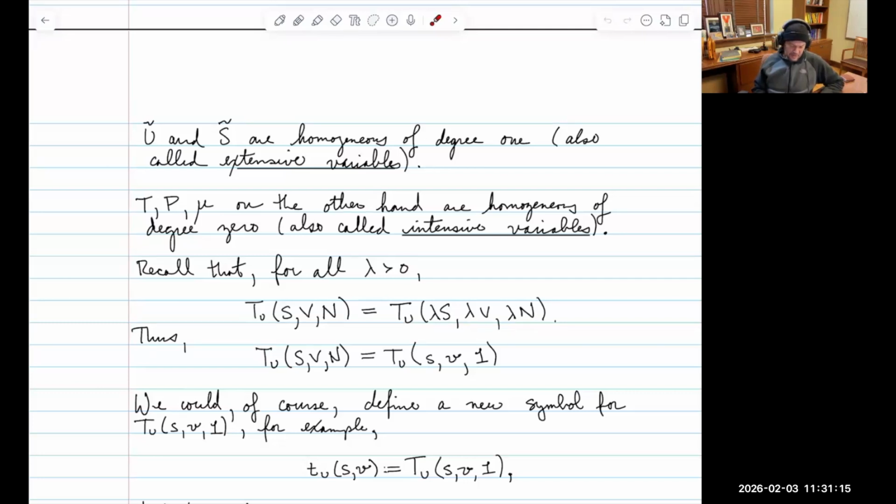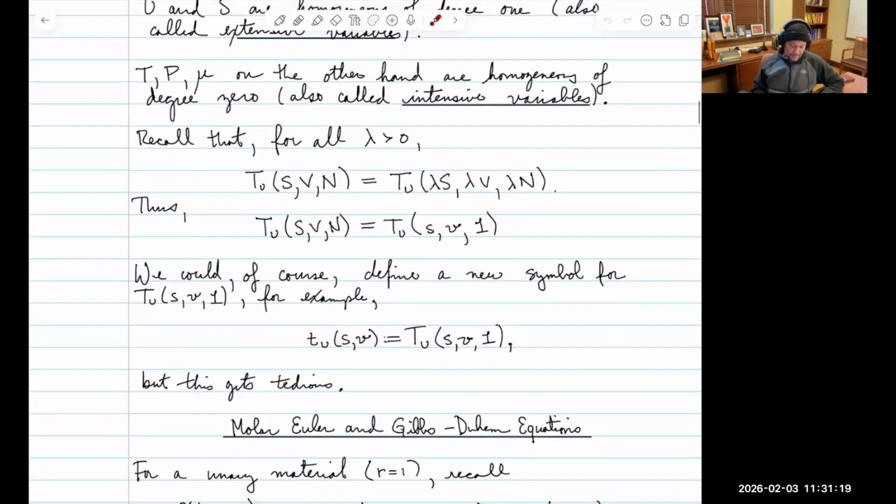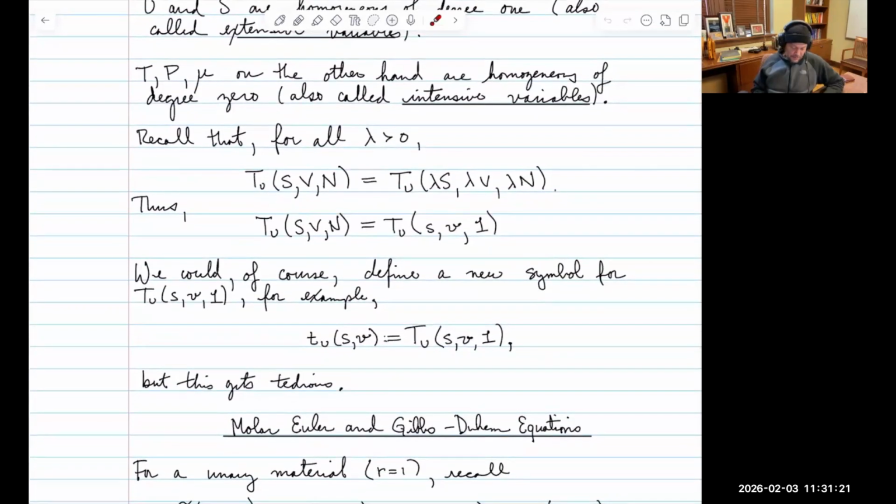I think we've shown this with an example previously. It's not too hard to see. So now we're going to make a very simple realization, and that is that if I use lambda equals 1 over n as we did previously, then in this slot we get the molar entropy. This slot we get the molar volume, and here we just get 1.